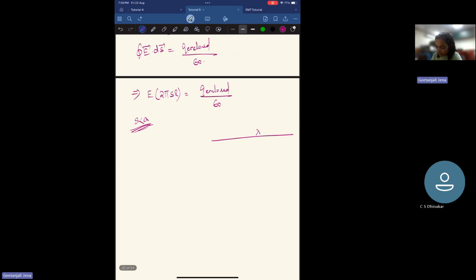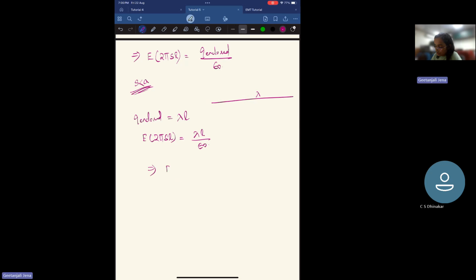So that is why we'll only consider Q enclosed as lambda L. Then E times 2 pi S L will be lambda L by epsilon naught. So the electric field will be lambda by 2 pi epsilon naught S. This is for the inside.